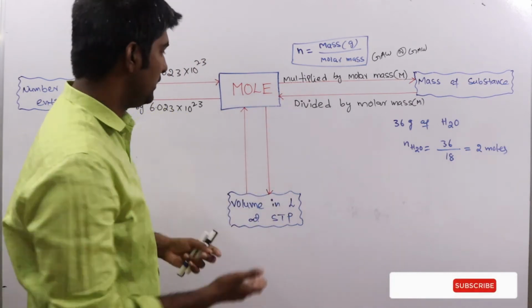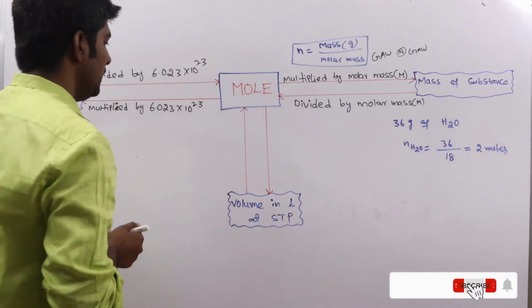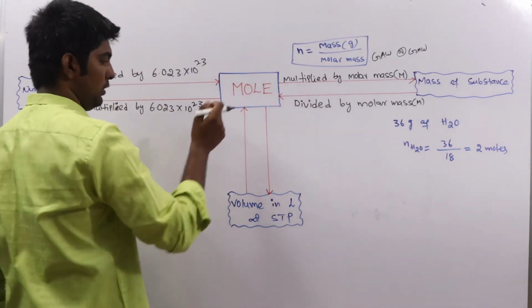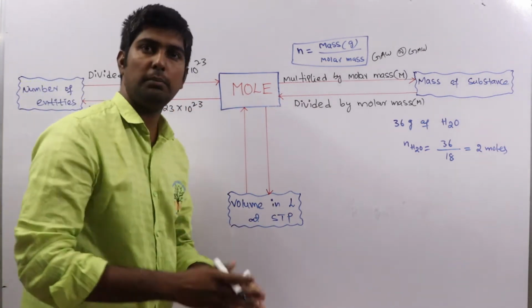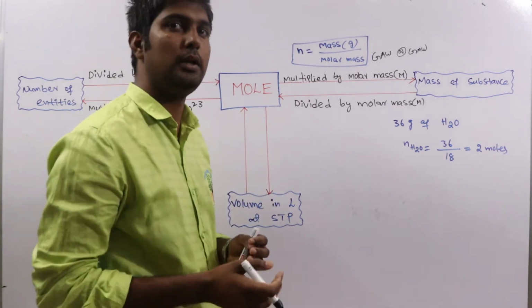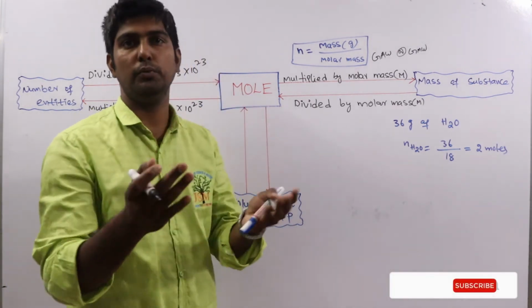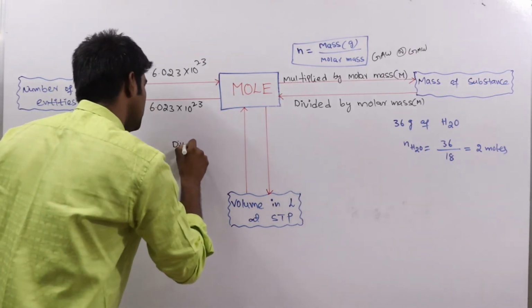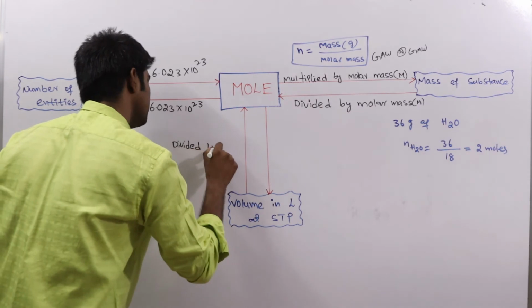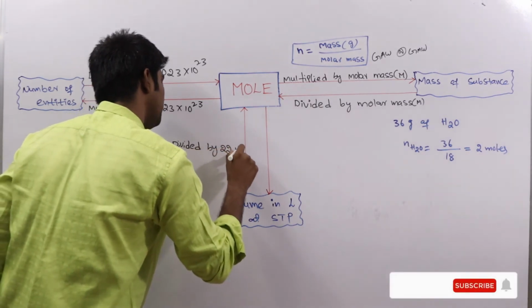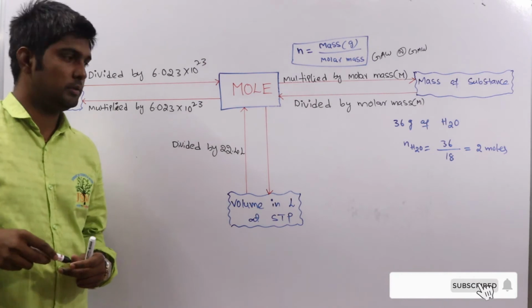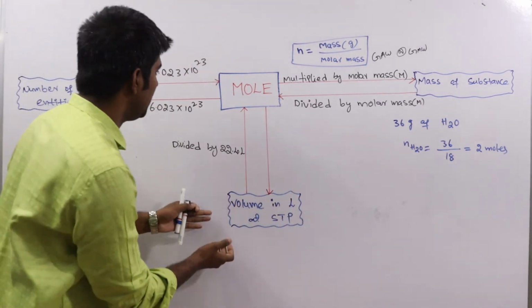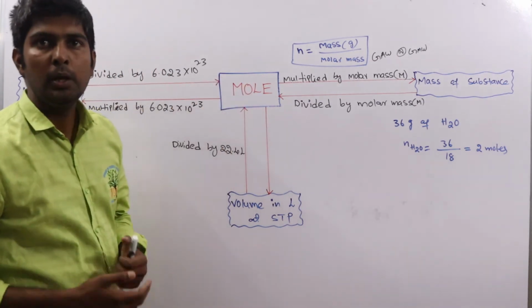For volume to moles, the given volume in liters is divided by 22.4 liter, and then we get how many moles.